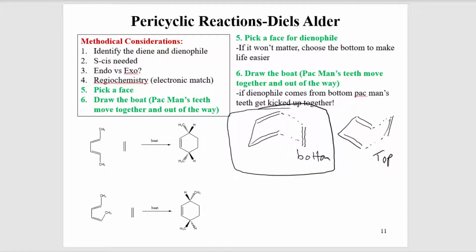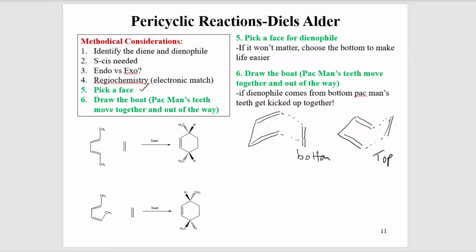But we're going to just use the boat transition state where the dienophile approaches from the bottom in a boat conformation, and then figure out what it is that we get. We can figure out the other stereoisomer by flipping all the centers after we're done. So just get used to drawing it one way. So my answer to number 5, pick a face, is to pick the bottom face arbitrarily just because it's easier to draw, and go from there.